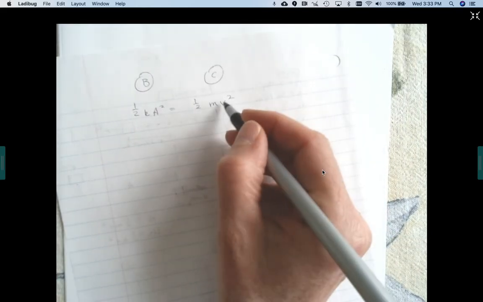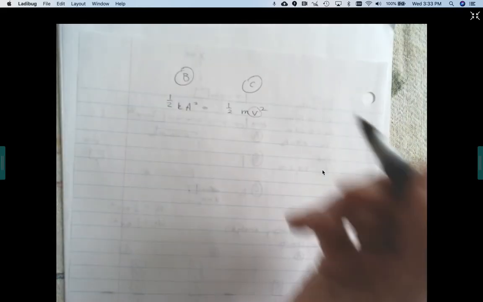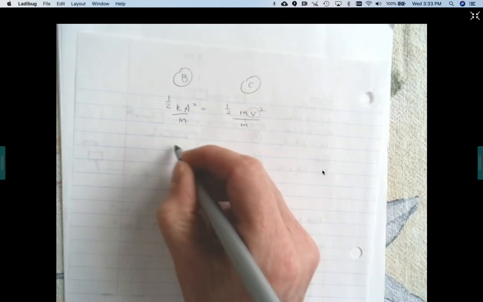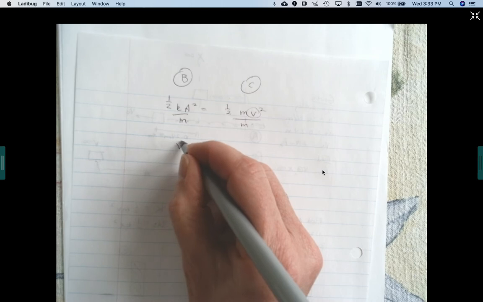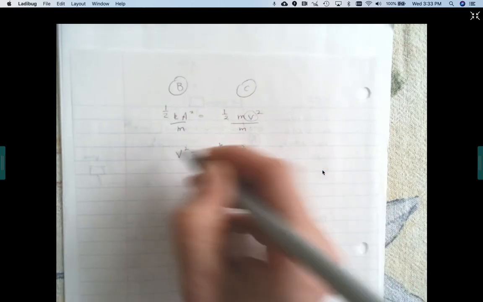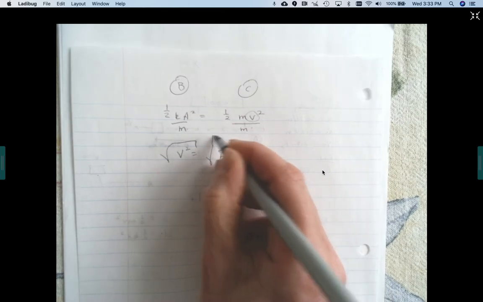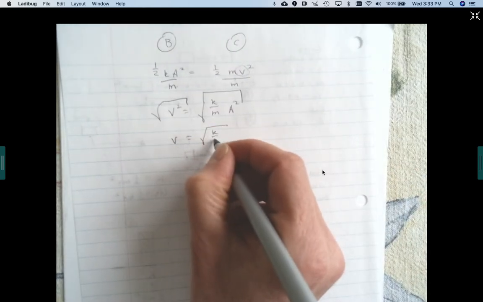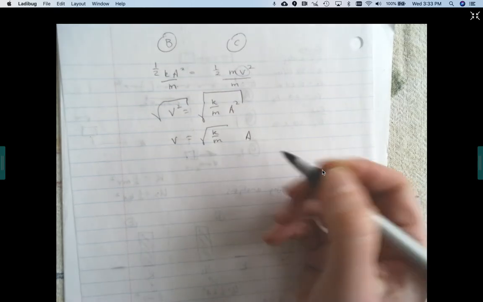So our amplitude we just said was 0.466. So let's solve for v first, right? So we have a half on both sides, so we can just divide through by m. And again, I'm going to swap sides here. So v squared is k over m, A squared. Let's take the square root of both sides. And we get v equals the square root of k over m times the amplitude.